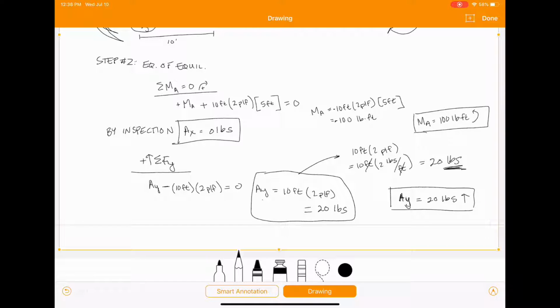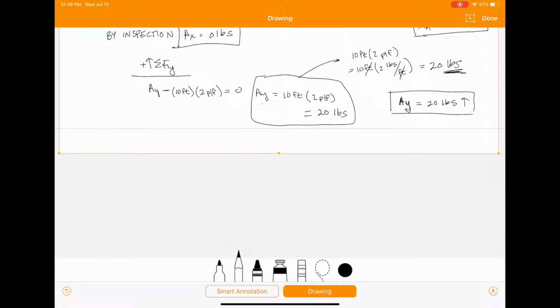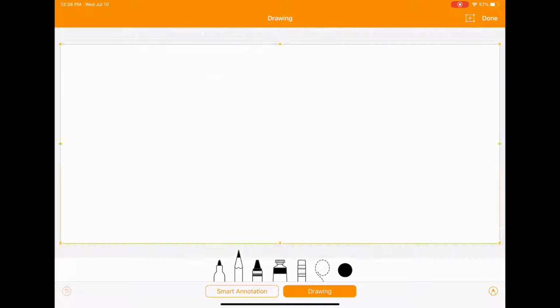So therefore, our units are correct. If your units don't cancel correctly, you probably multiplied something wrong or you did something weird along the way. So you're going to have to go back and kind of do some troubleshooting to figure out where you went wrong exactly.